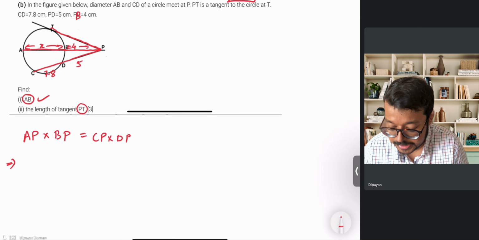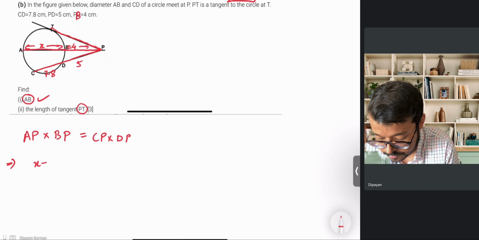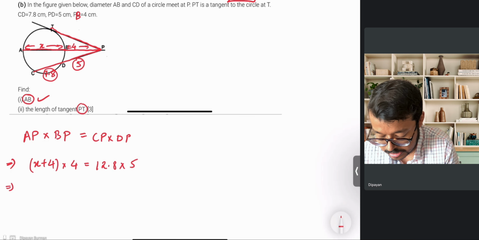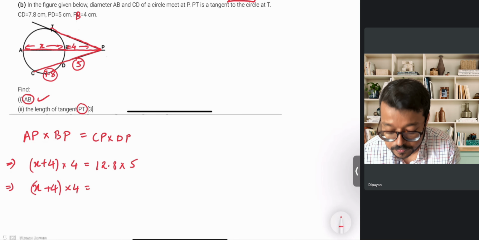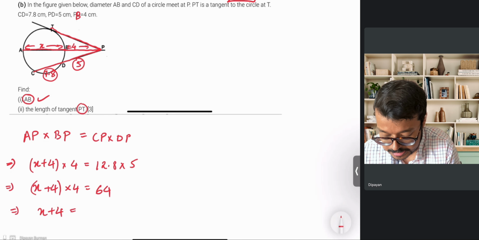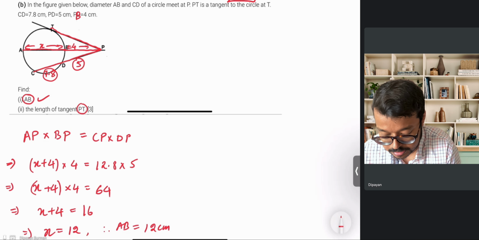Okay, so then AP length will be X plus 4 into BP length 4, which is equal to CP length, which will be 7.8 plus 5, which is 12.8 into DP, which is 5. So X plus 4 into 4 is 12.8 into 5, which is 64. Divide both sides by 4. X plus 4 will be 16. So X will be equal to 12. Therefore, the length of AB is 12 centimeter.